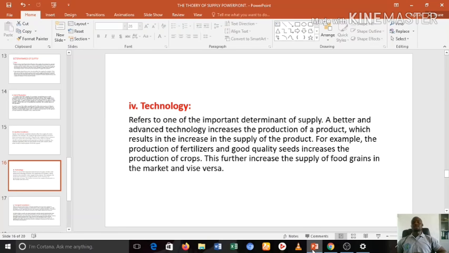Someone who comes up with sophisticated means of production, like fertilizers, factory equipment or industrial equipment, to produce a particular good, that good would have an increase in production and therefore an increase in supply. So generally, high technology leads to an increase in supply for goods and services, and low technology leads to a fall in supply for goods and services.